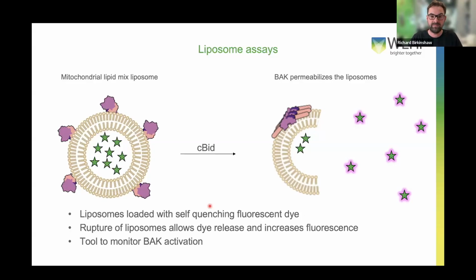So when we activate BAC and cause it to form these dimers and higher order oligomers, this forms pores in the liposomes, allows the fluorescent dye to be released, and then because it's self-quenching, it's now released into solution and starts to fluoresce as it gets diluted. And we can use this as a tool to look at BAC breaking apart membranes.